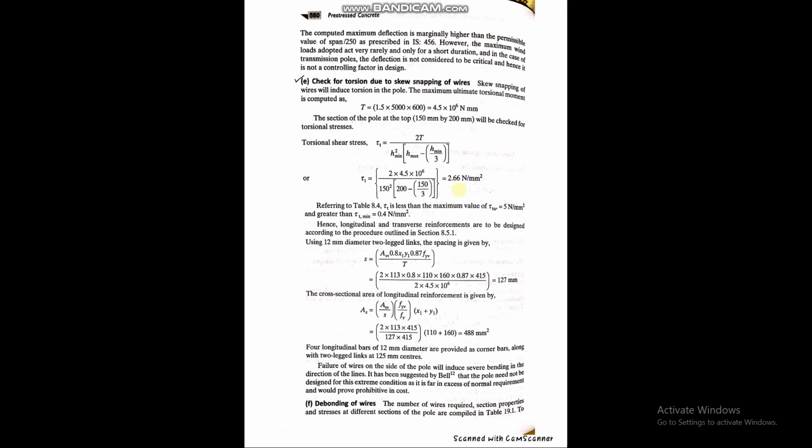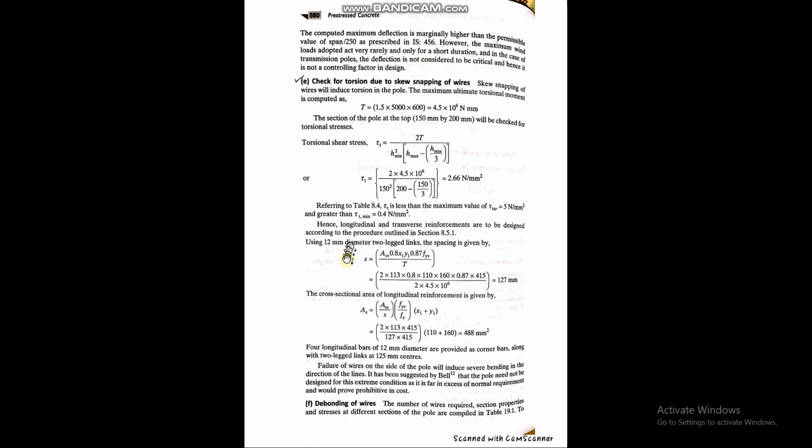All right. So in this case, tau t, that is the torsional shear stress, has a value of 2.66. It can carry up to 5 Newton per millimeter square. And the minimum value is given as 0.4 Newton per millimeter square.